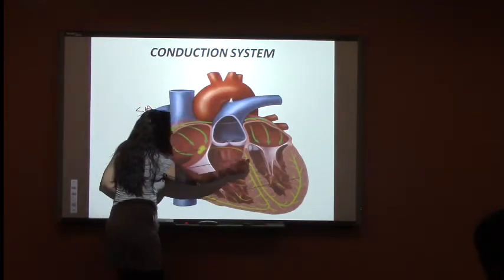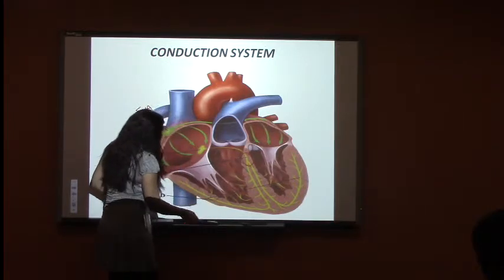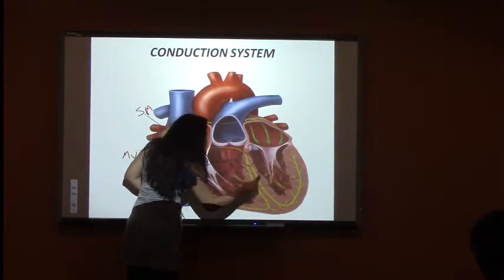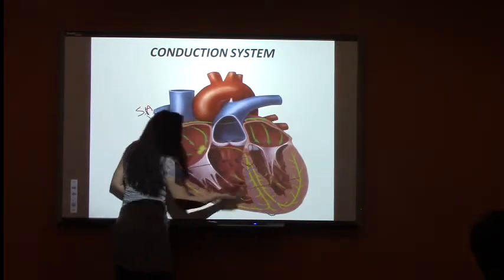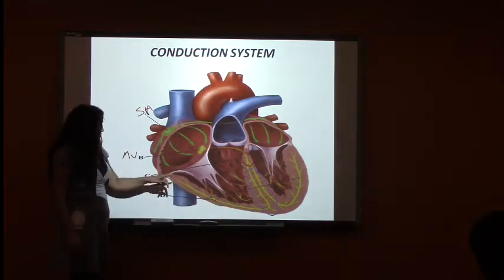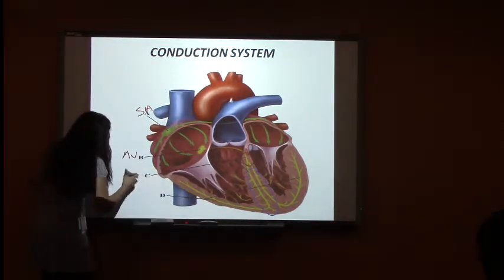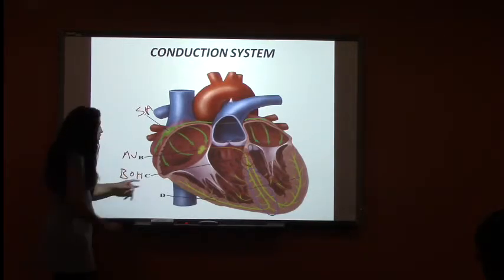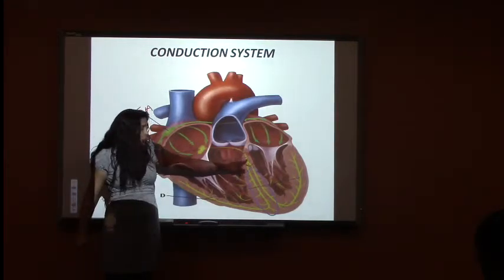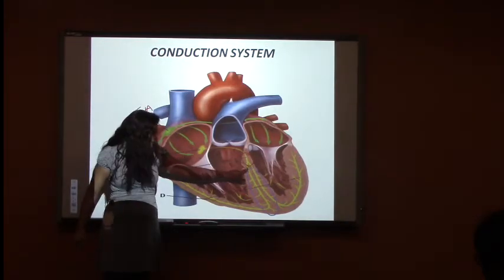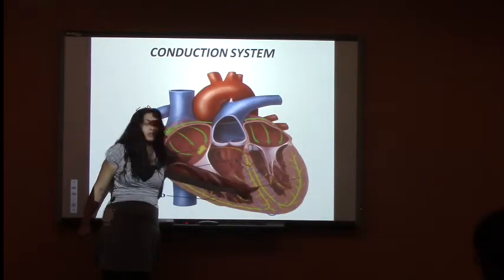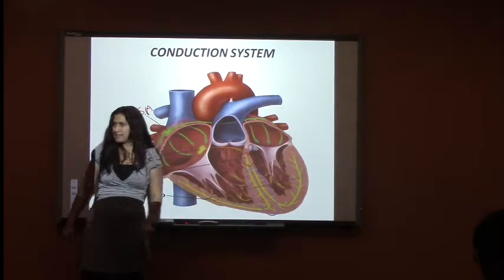Now, you could see this part, and then you could see this part. So, C is bundle branch, bundle of His. Okay, but the red part would be the common branch, and then where it starts splitting would be the left and right bundle branch. Does that make sense?